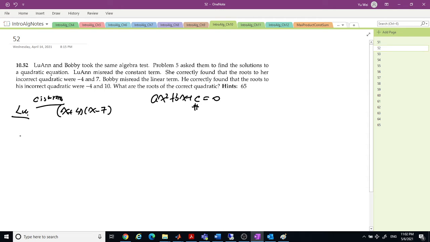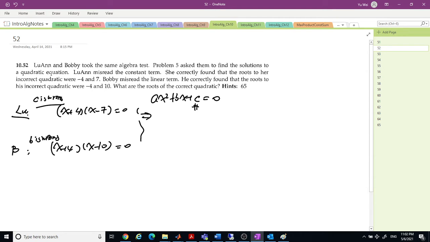So Bobby misread the linear term, and found the roots. The linear term is wrong, so B is wrong. Now let's expand this one.